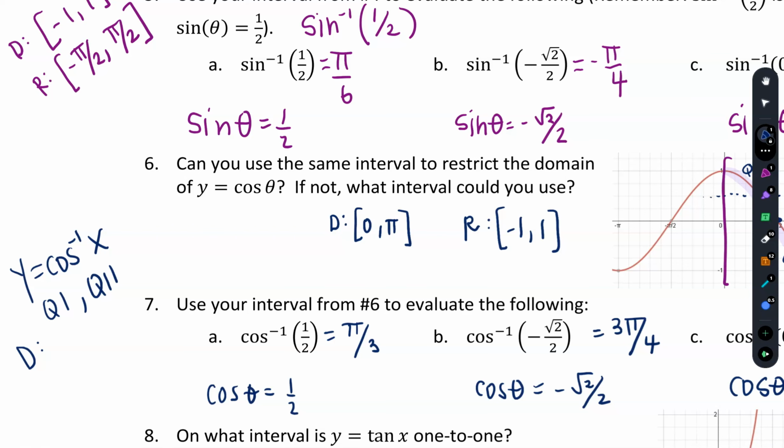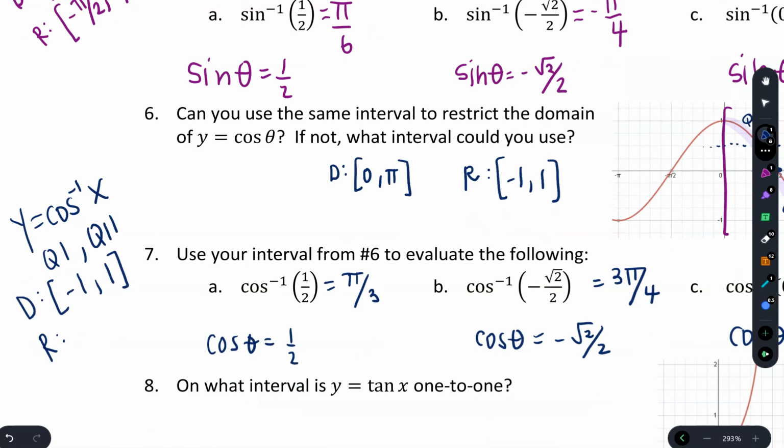It's going to be the range of my regular cosine, so they're opposites. The domain of inverse cosine is -1 to 1. My range, the output of inverse cosine, is the domain I restricted cosine to, from 0 to pi. Perfect. So my range here is 0 to pi.